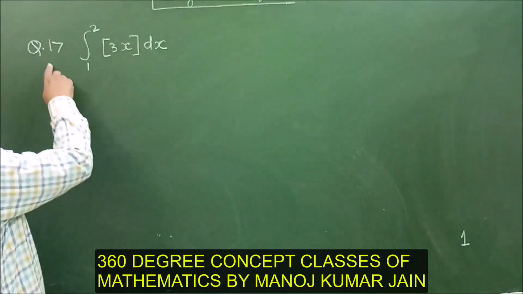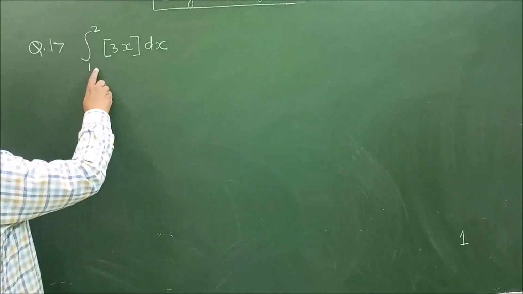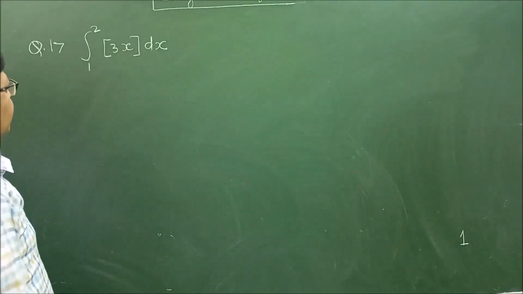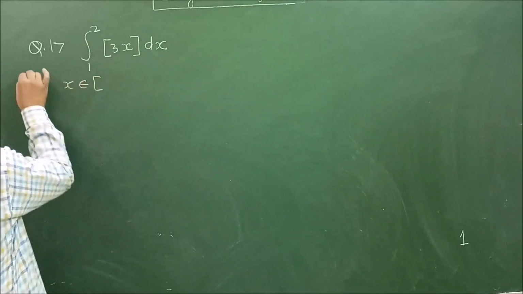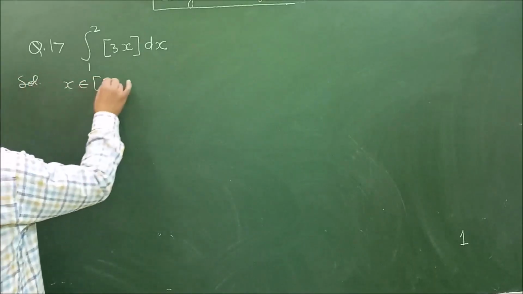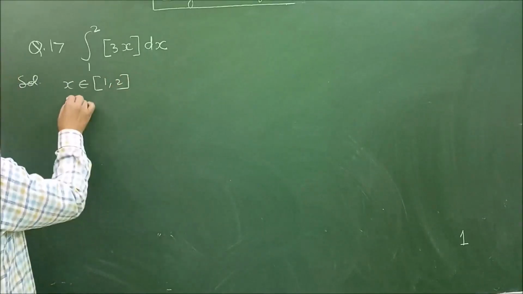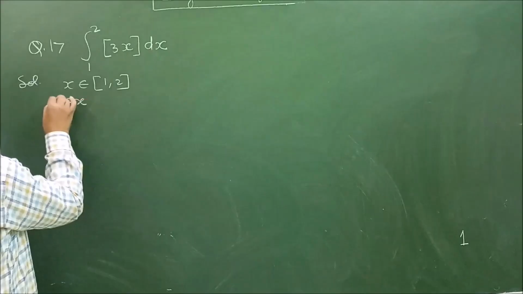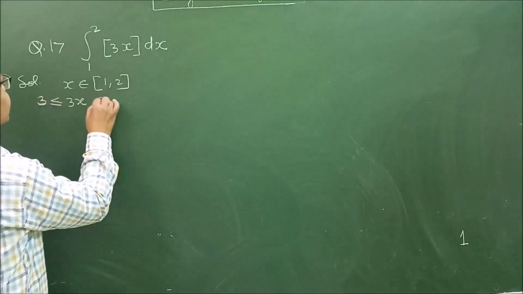Next question, question number 17. Evaluate the definite integral 1 to 2 greatest integer 3x dx. Here the value of x lies between 1 and 2, so the value of 3x lies between 3 and 6.